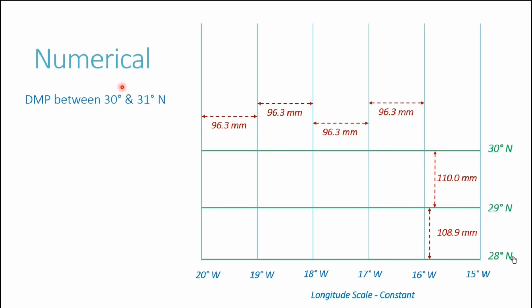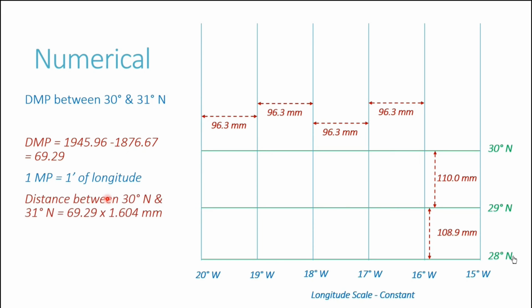Similarly, following exactly the same procedure between 30 and 31, we get the DMP between them. Meridional parts of 31 degree, 1945.96. Meridional parts of 30, 1876.67 gives the DMP 69.29. So that means 69.29 minutes of longitude can be placed between 30 and 31. So we know 1 minute of longitude is 1.604 mm.